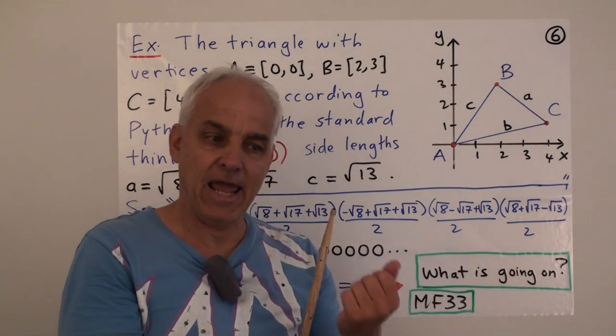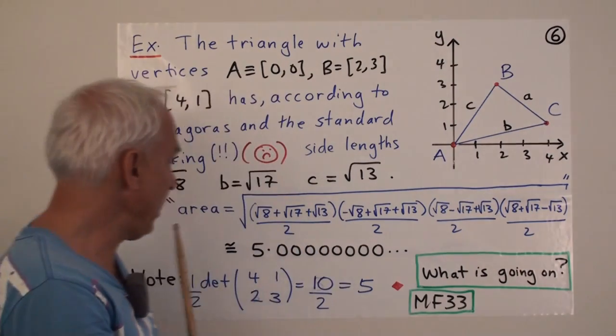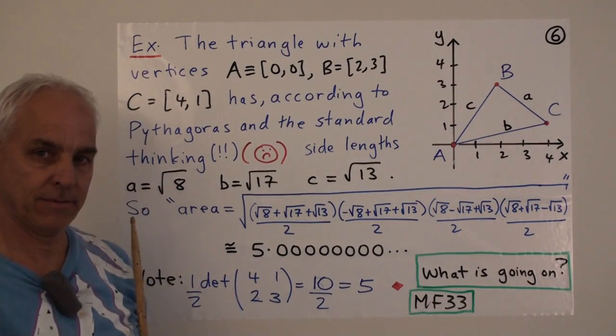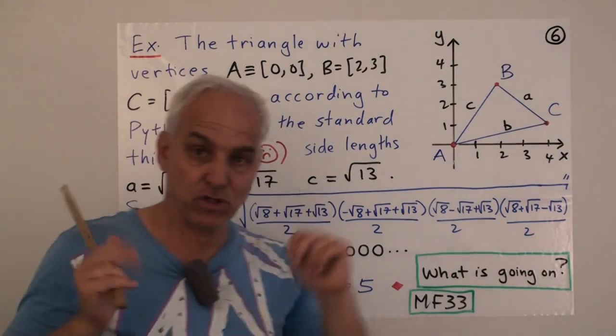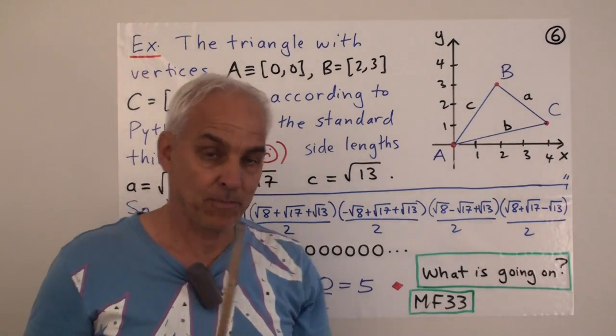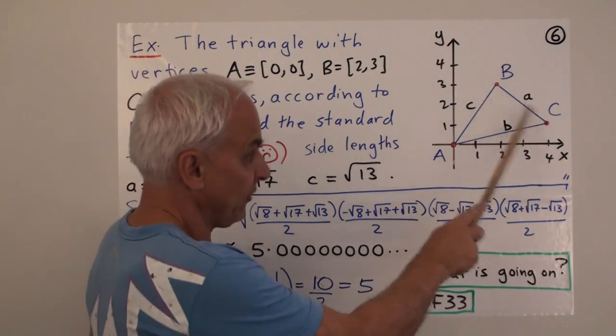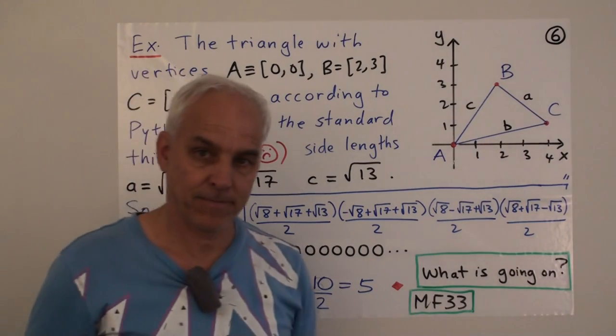It tells us that a squared is 8, and a would be the square root of 8. So if you believe in lengths, if you believe in irrational numbers, if you believe in being able to take square roots, you would say, yes, this is a length, and that length has value square root of 8.